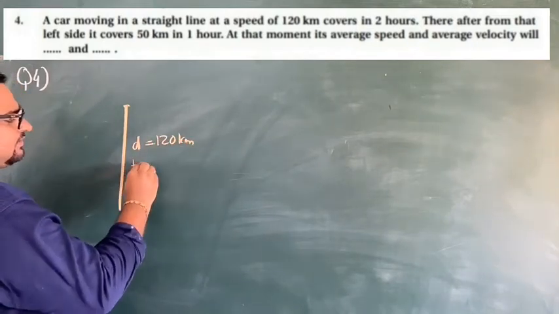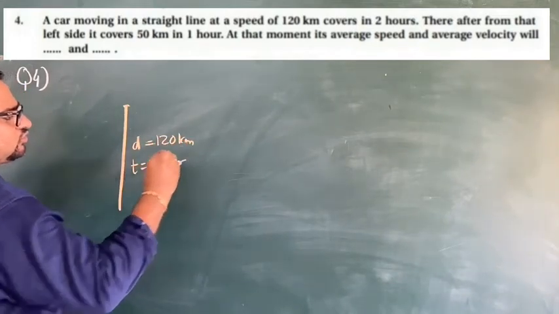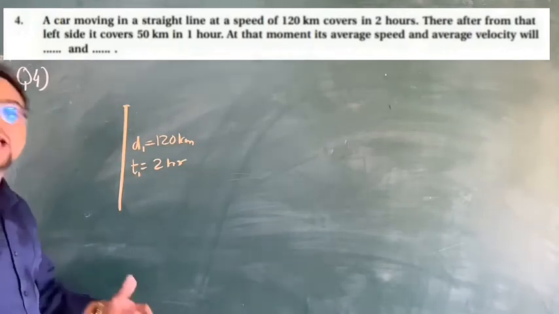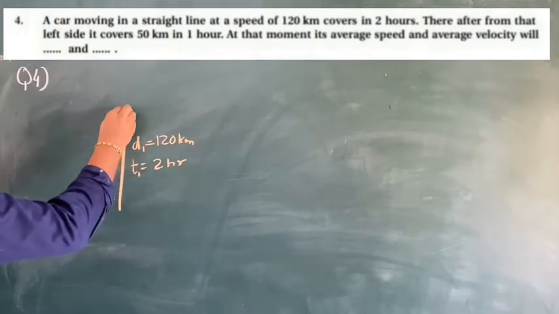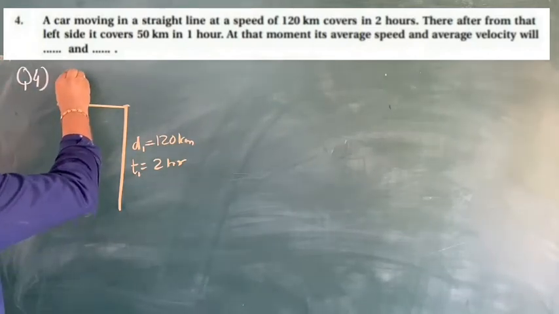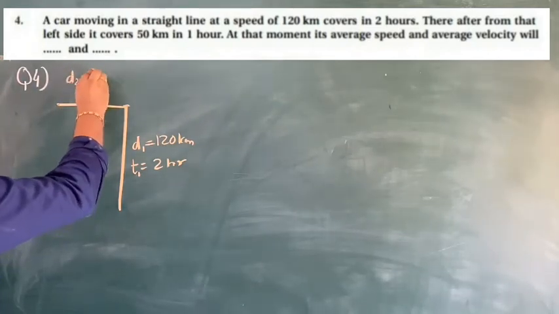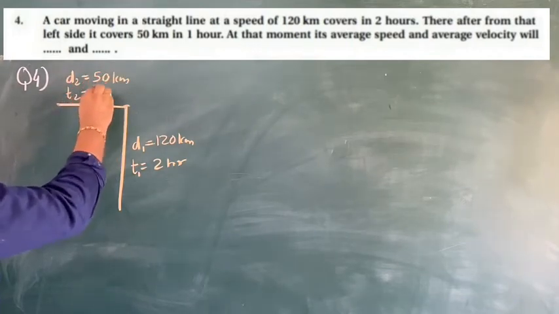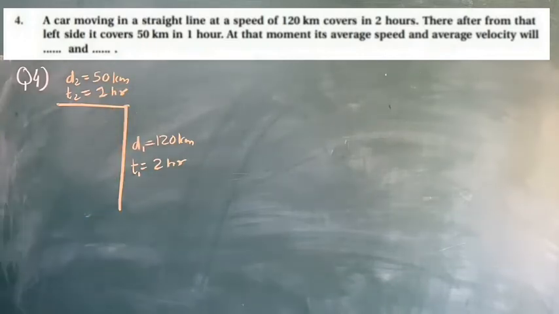In what time? 2 hours. This is distance d1, time t1. Then it moves to the left for 50 kilometers in 1 hour. So this distance d2 is equal to 50 kilometers and time t2 is equal to 1 hour.